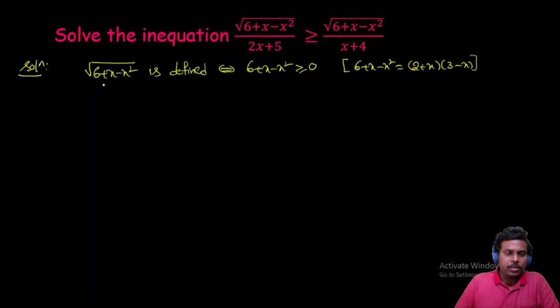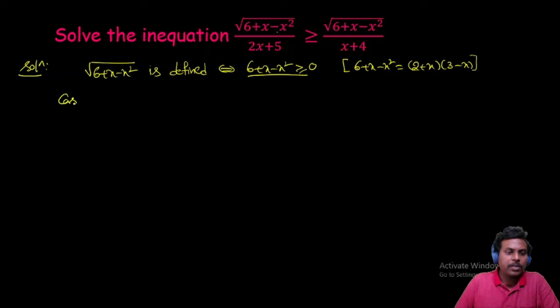Okay. So here 6 plus x minus x square is greater than or equal to 0. If at all it is equal to 0, this is 0, this is 0. So quadratic inequality is satisfied. If it is greater than 0, something else happens here.